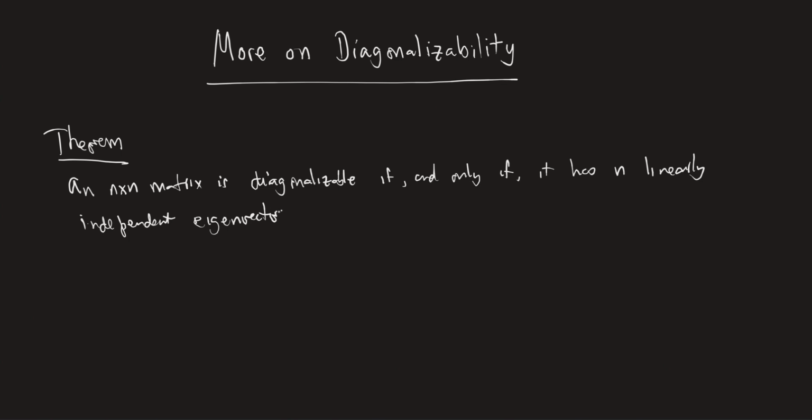So that's what it comes down to. It's not surprising that this necessary and sufficient condition comes down to having a certain number of independent eigenvectors.